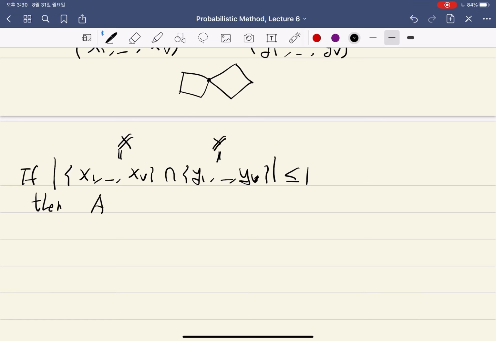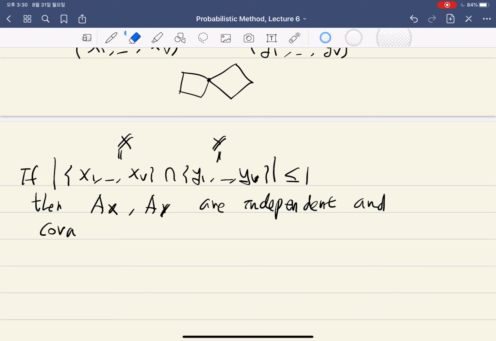Then A_x and A_y are independent, and their covariance is 0.